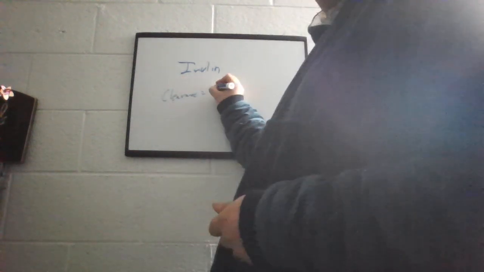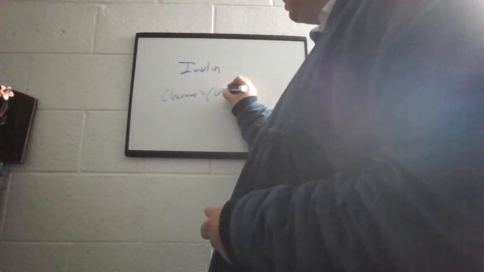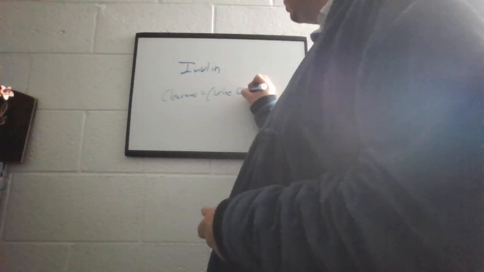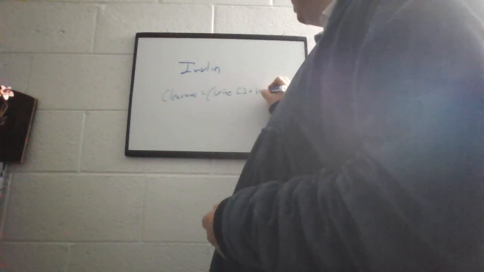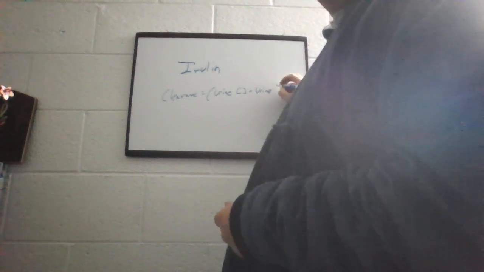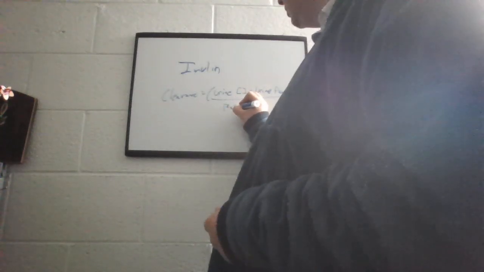So, clearance is equal to the urine concentration times urine flow rate, divided by the plasma concentration.